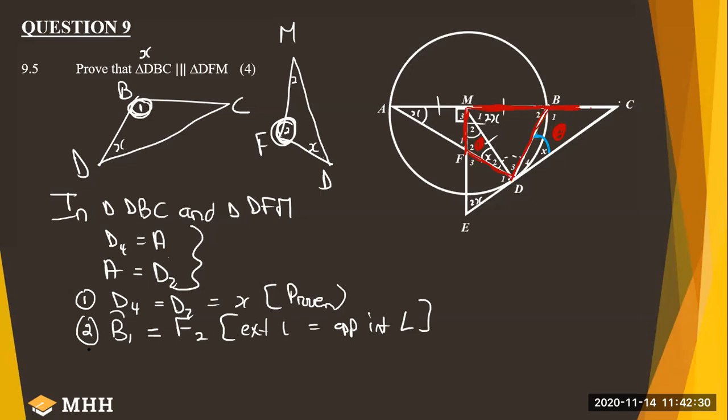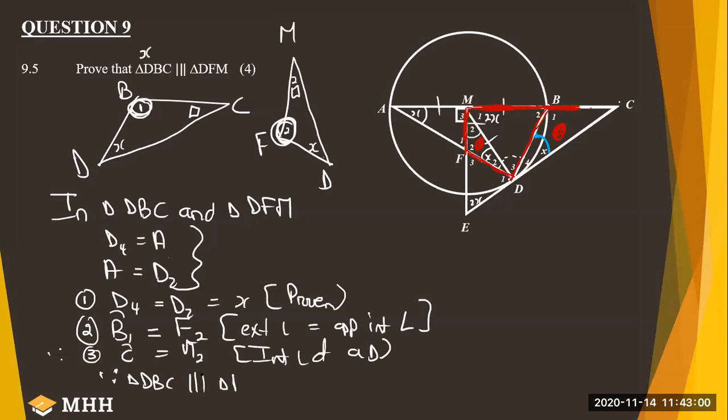And the third one is just going to be angle C, therefore angle C will be equal to angle M2. So therefore this one will be equal to that one. Why? Because of interior angles of a triangle. And then you just end off saying, therefore, triangle DBC will be similar to triangle DFM. Angle, angle, angle. Not so easy always.